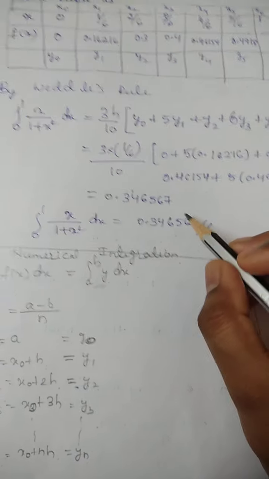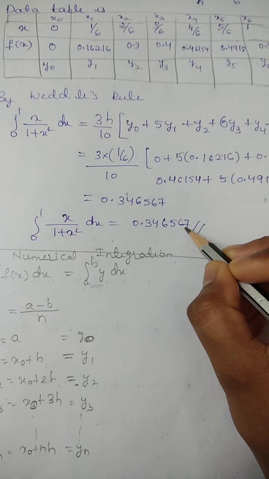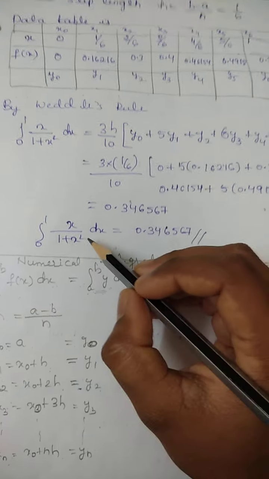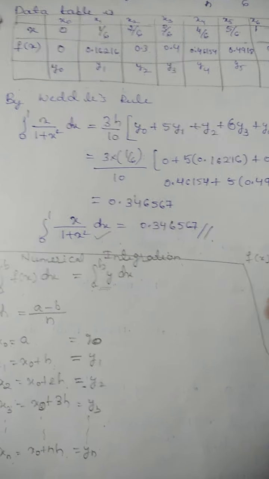When you simplify, you will get the value 0.346567. So the evaluation of this integral is 0.346567.